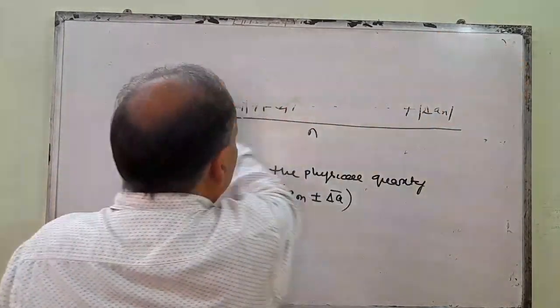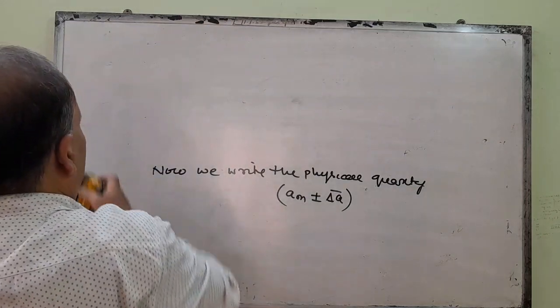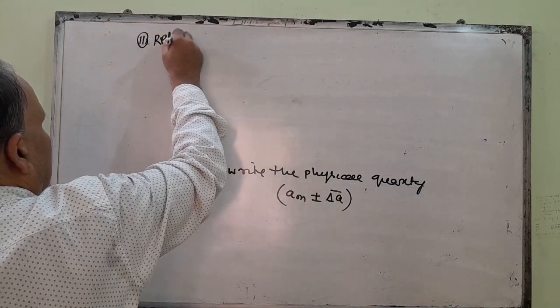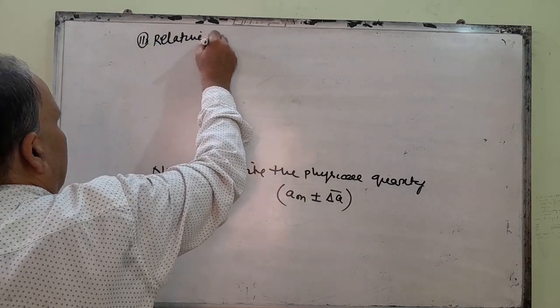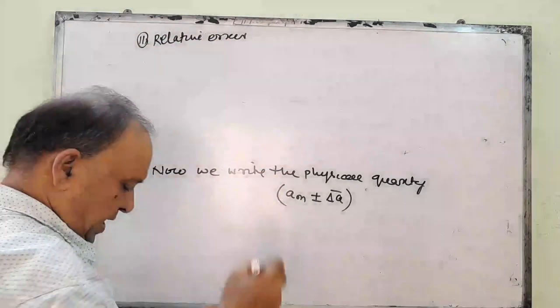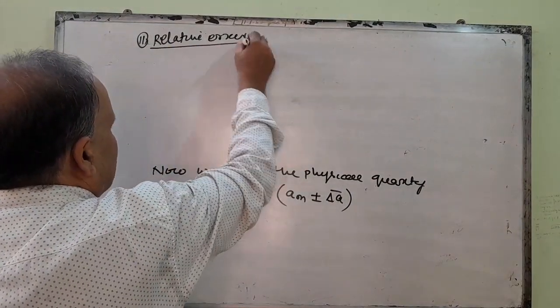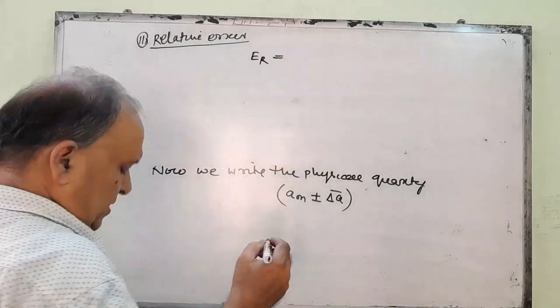Next come to your relative error. Second error is relative error. You can write relative error ER, we can say also fractional error, is equal to what?